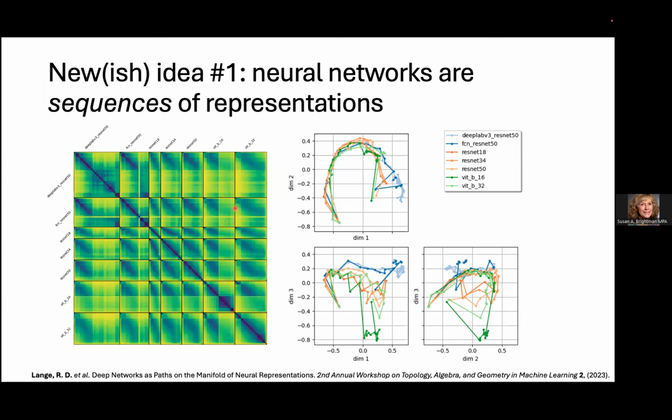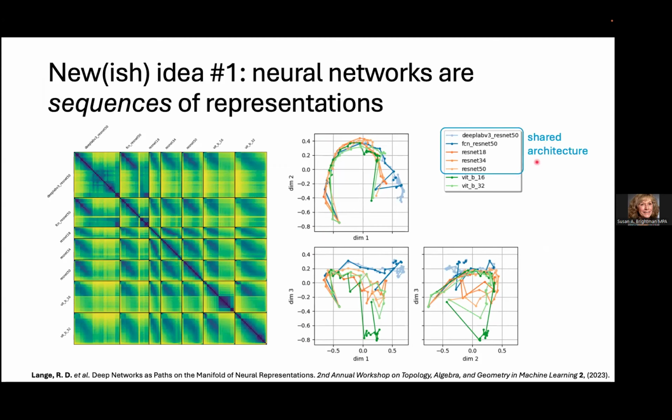And we can ask, how are these representations changing as we go from input to output in each of these networks? And we can look at the principal components of this space. So here, dimension 1 tells you the major axis of variation across all representations, across all layers in all of these models. Likewise, this is the second most important axis, the third most important axis, et cetera.